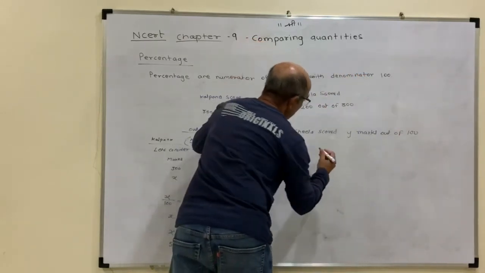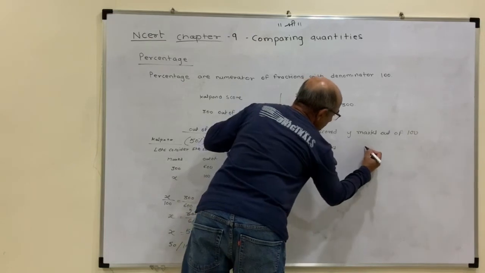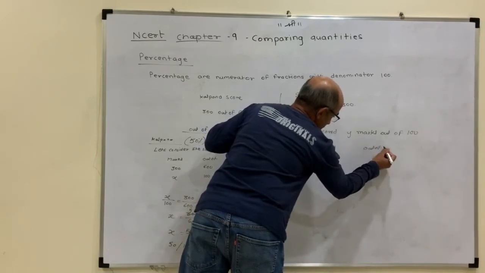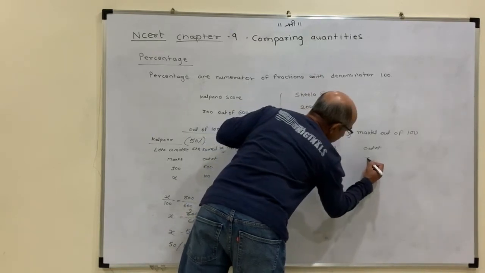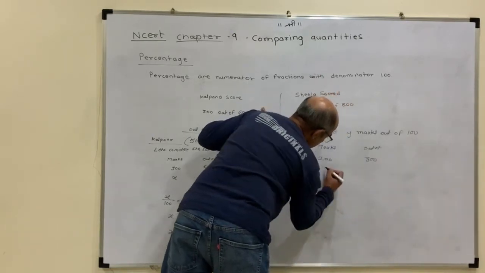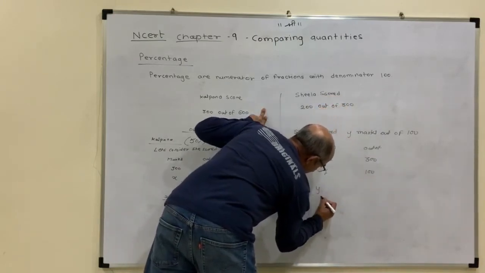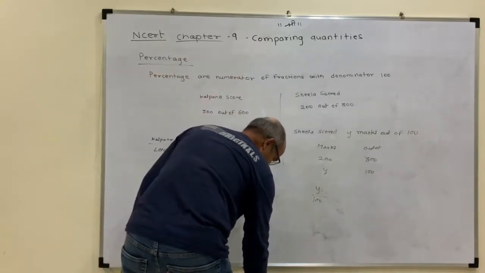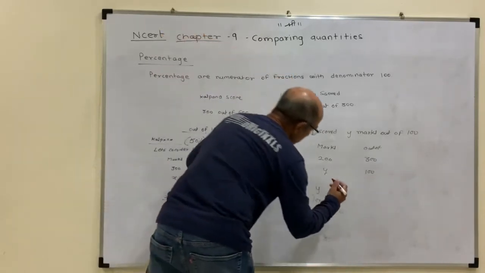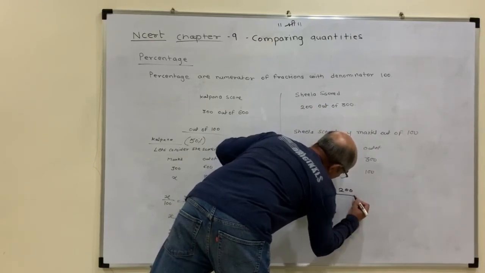So now I am going to say marks and out of. How much she got: 200 out of 300, and then Y out of 100. Here again, Y divided by 100 is equal to 200 divided by 300.